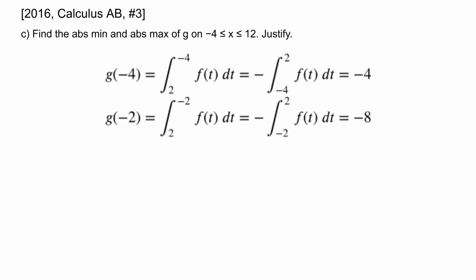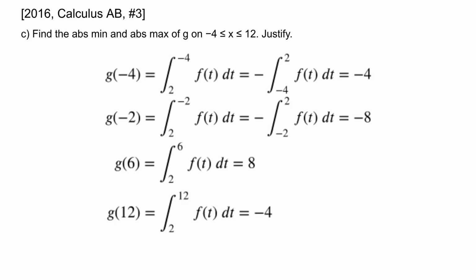G of -2 is the integral from 2 to -2 of f of t dt, which is the opposite of the integral from -2 to +2 of f of t dt, which is -8. G of 6 is the integral from 2 to 6 of f of t dt, which turns out to be +8. And g of 12 is the integral from 2 to 12 of f of t dt, which is -4.